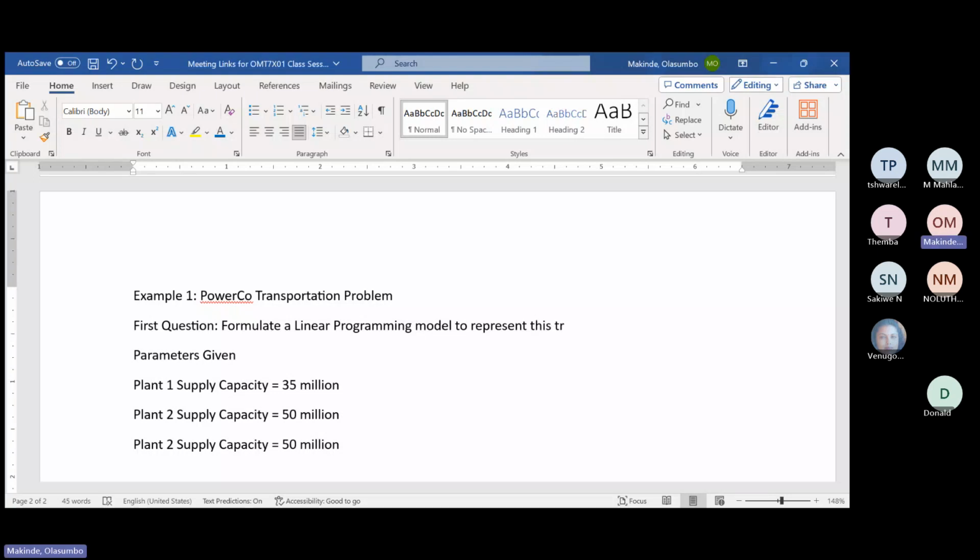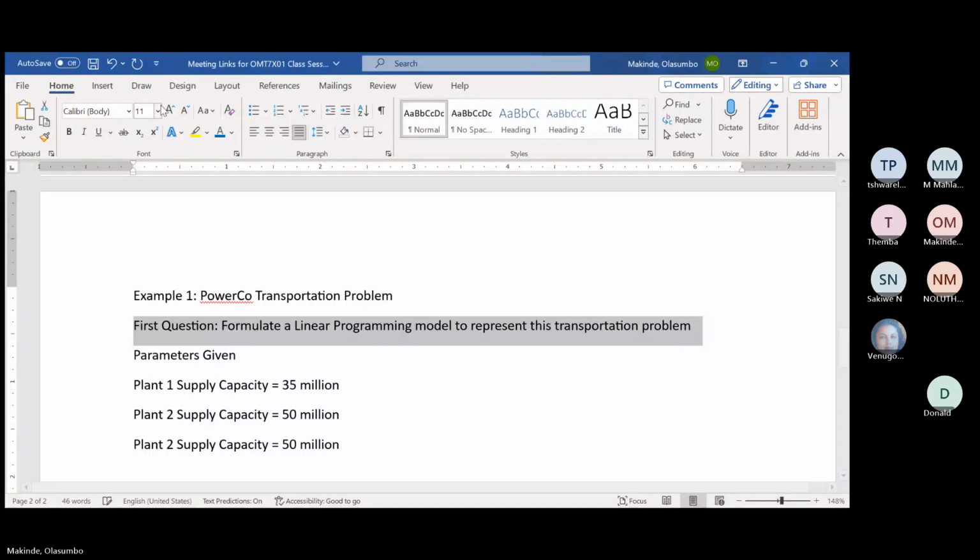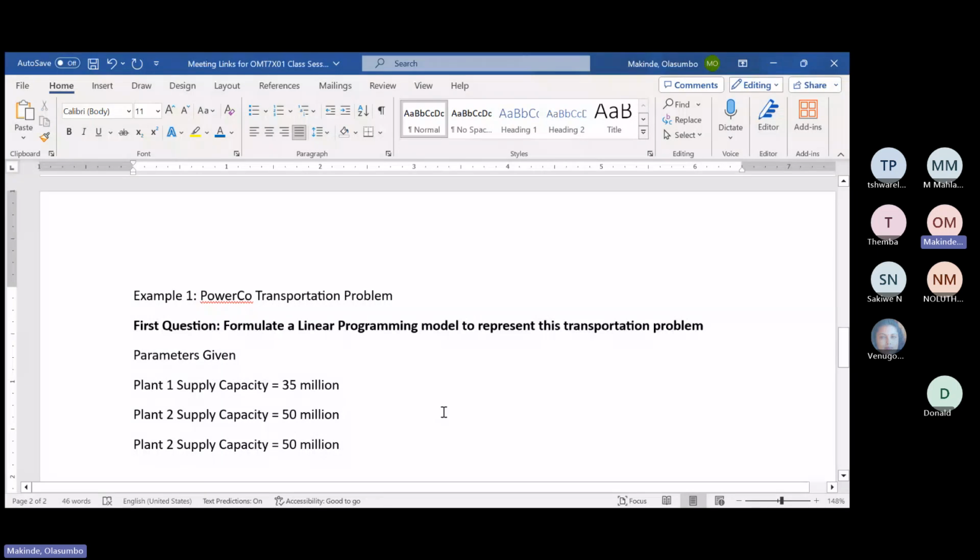And that talks to our first outcome that we want to achieve, which is the power co-transportation problem in this scenario. So that will be the first question, and that is what we want to do. So let me make it bold. So take note that it will be the question.